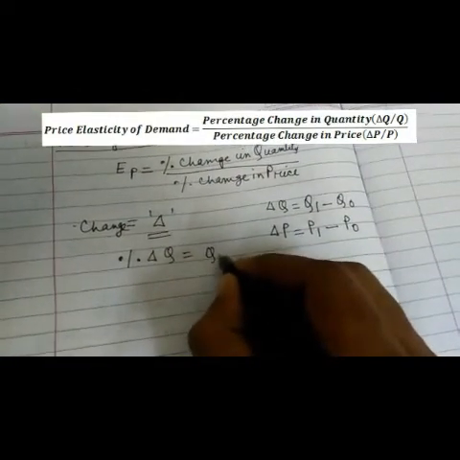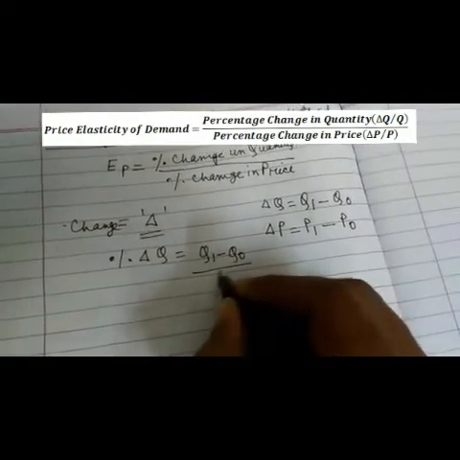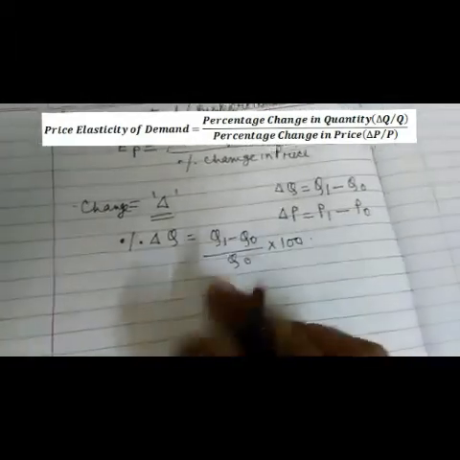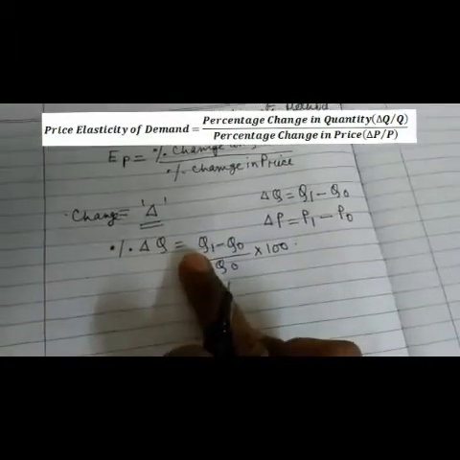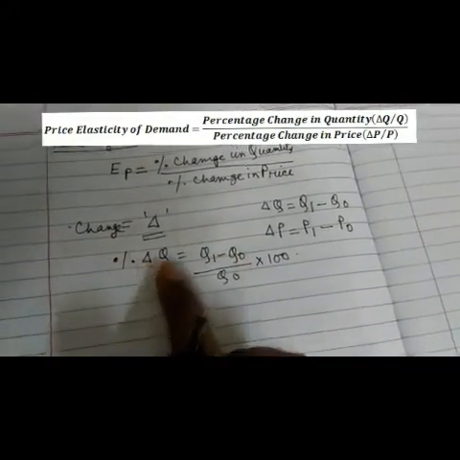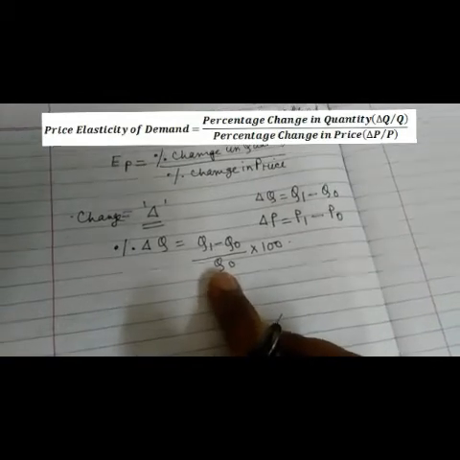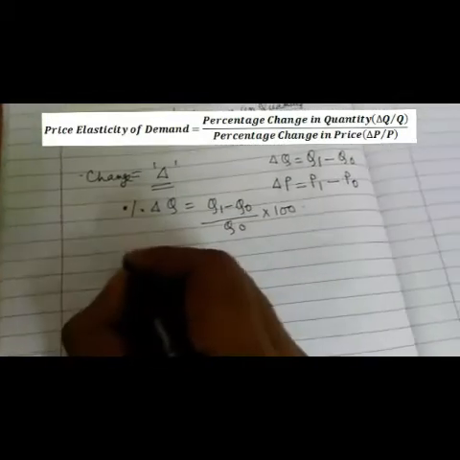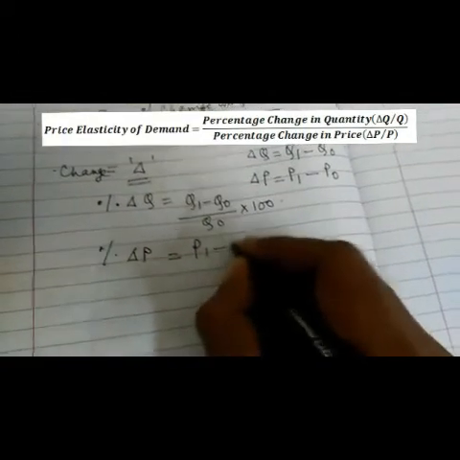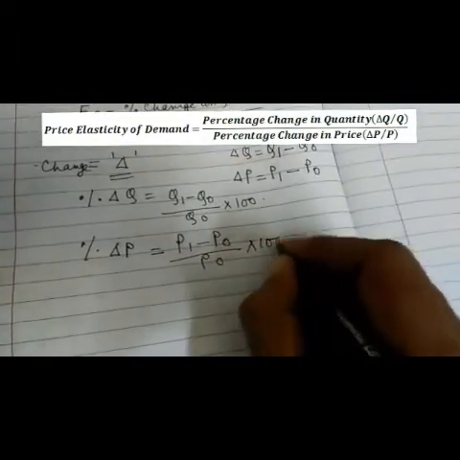As you know, this is the way you normally find out a percentage. So that is Q1 minus Q0 for del Q. And for percentage, what you have done is divide by the previous quantity into 100. And similarly P1 minus P0 divided by P0 into 100.